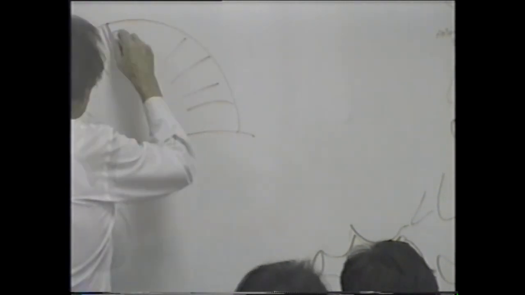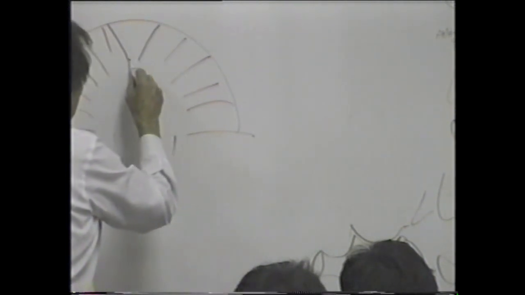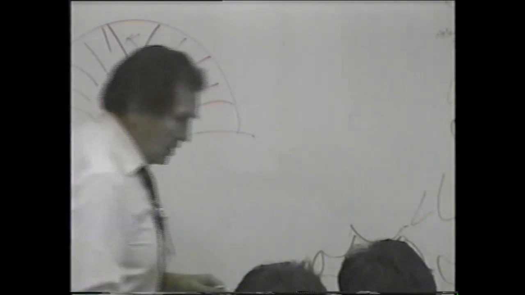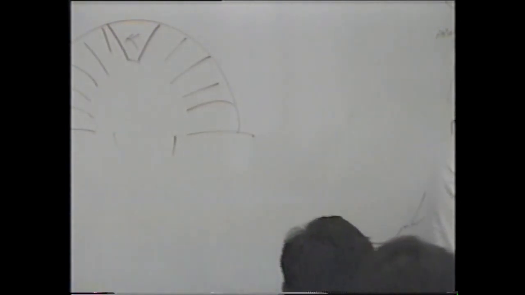Okay, they're going to make an arch here. And the very last one has this shape. That's called the keystone. That's the last stone to go in, and then the weight is distributed outward on this. So this is the keystone.